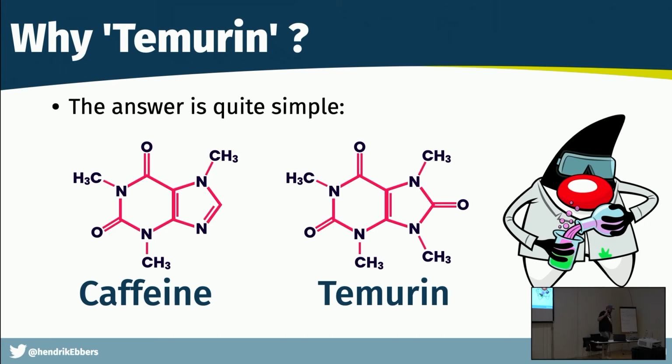So tamarin is not only an anagram for runtime, but it's a chemical thing that is as near to caffeine as possible. So, is there any better name for a Java runtime? Yeah, sure. But once you know it, you understand it.